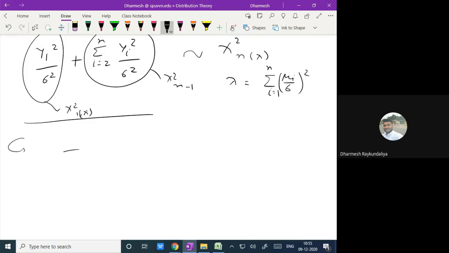So you can write it as the summation of yi square, i running from 1 to n, upon sigma square, distributed as a chi-square with n lambda. But what is the summation yi square?